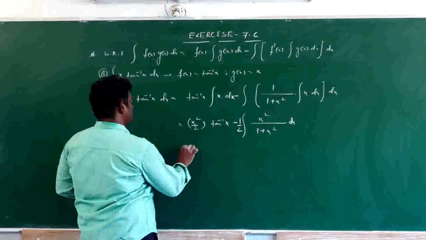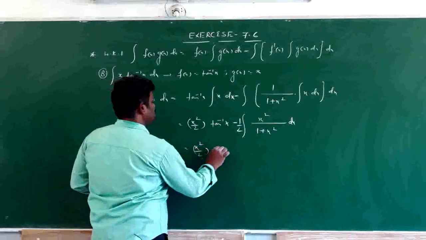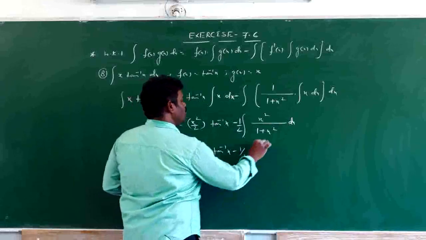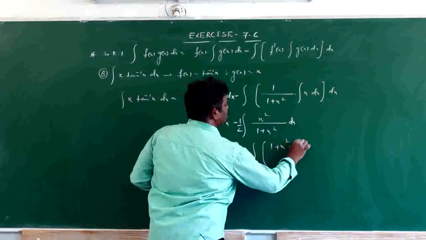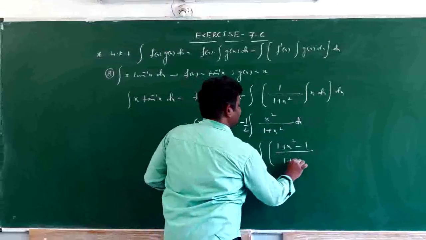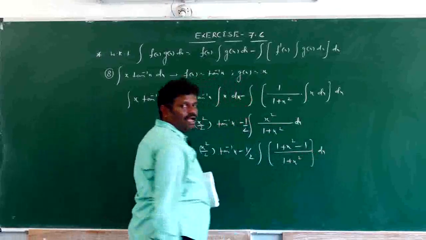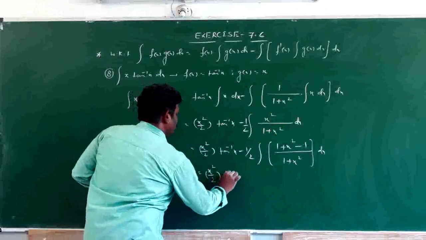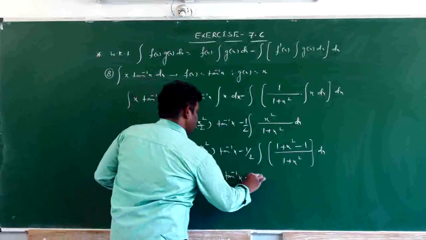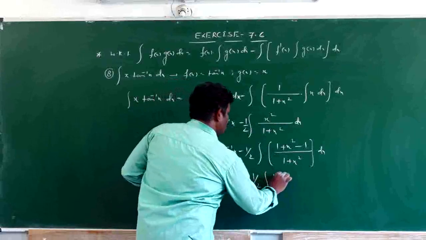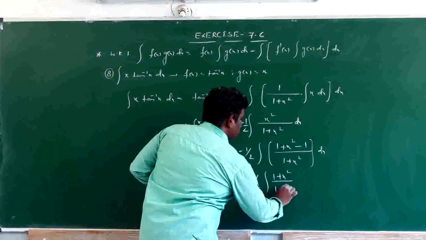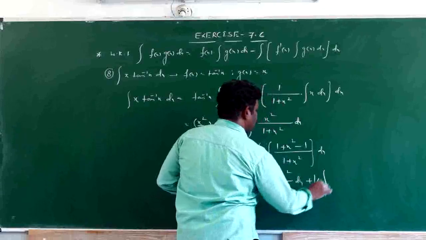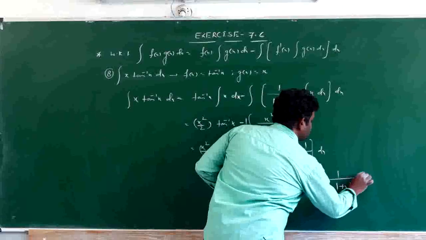Now again, that is equal to x square by 2 tan inverse x minus 1 by 2 integral of, if you add 1 and subtract 1, 1 plus x square minus 1 by 1 plus x square dx, and we separate the integrals. Then we have x square by 2 into tan inverse x minus 1 by 2 integral of 1 plus x square by 1 plus x square dx, minus into minus plus 1 by 2 integral of 1 by 1 plus x square dx.